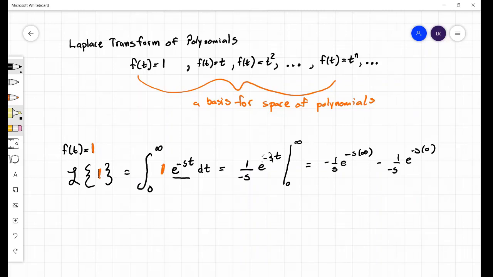And we compute the limit of the antiderivative at the upper bound. And s is positive here, so this is a decaying exponential, so at infinity that goes to 0. And then we have e to the 0 is 1, so we're left with minus 1 over negative s. So 1 over s.